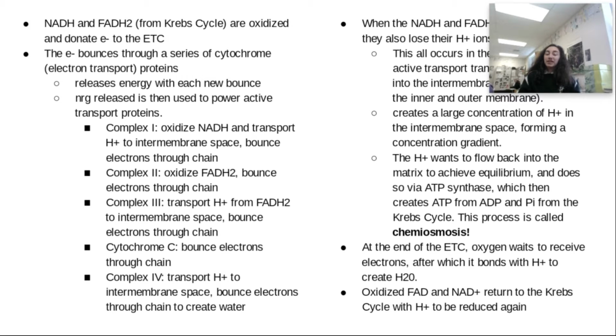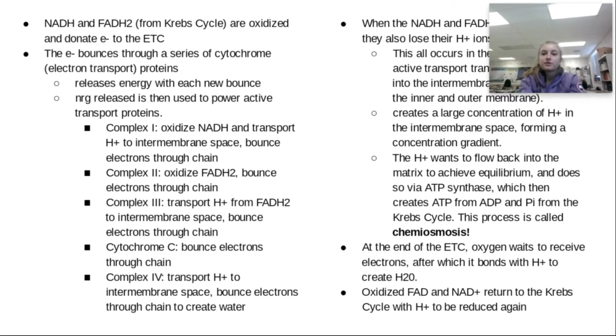Complex 3 transports the hydrogen ions from FADH2 through to the intermembrane space and continues bouncing electrons. Cytochrome C also continues this process. And complex 4 transports hydrogen ions to the intermembrane space and takes the final electrons from the chain and transports them to the waiting oxygen at the end to create water.